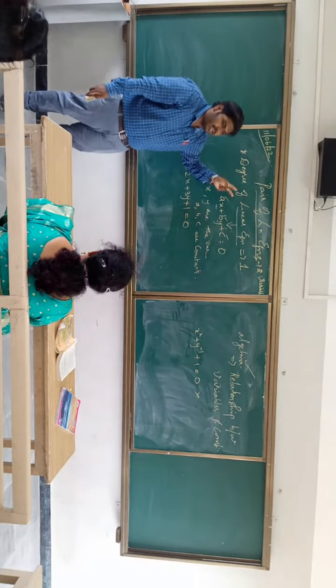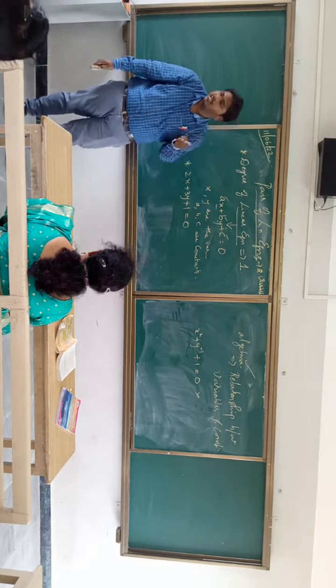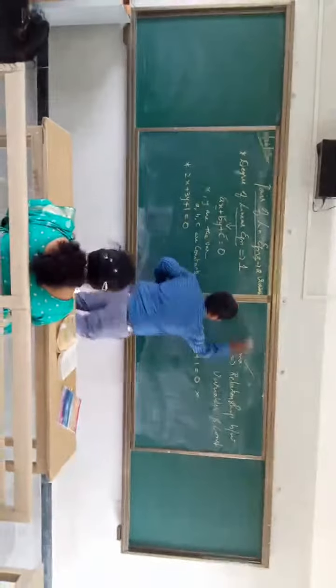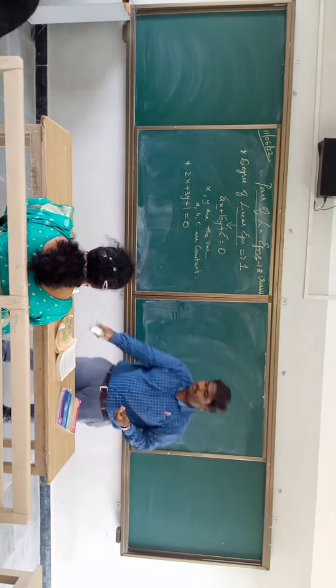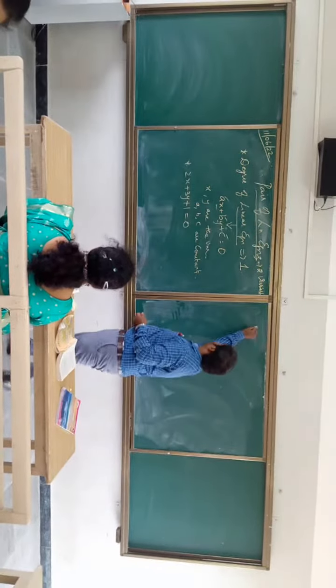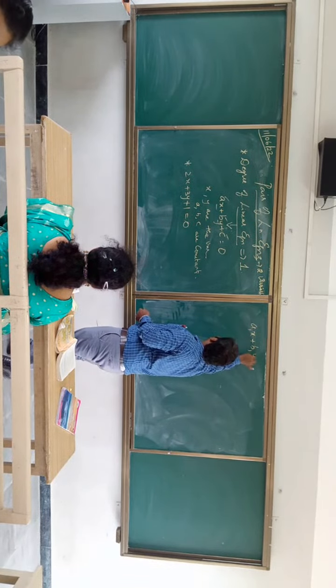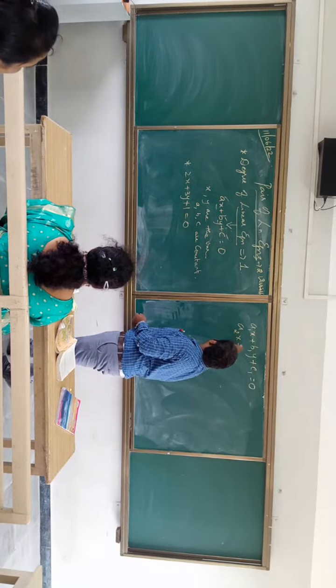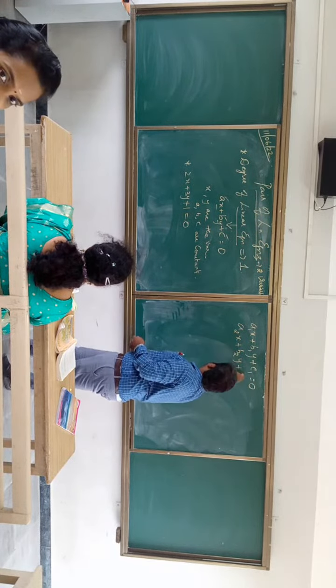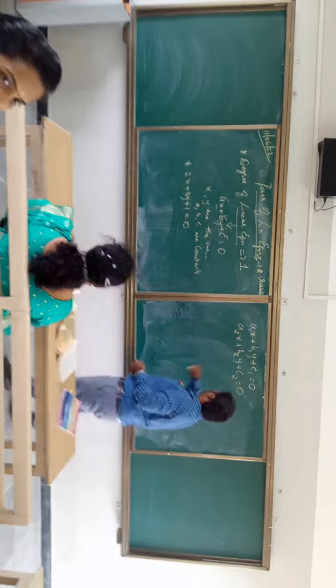A pair of linear equations means two equations, right? So the two equations, let me assume them as a1x plus b1y plus c1 equals 0, then a2x plus b2y plus c2 equals 0.